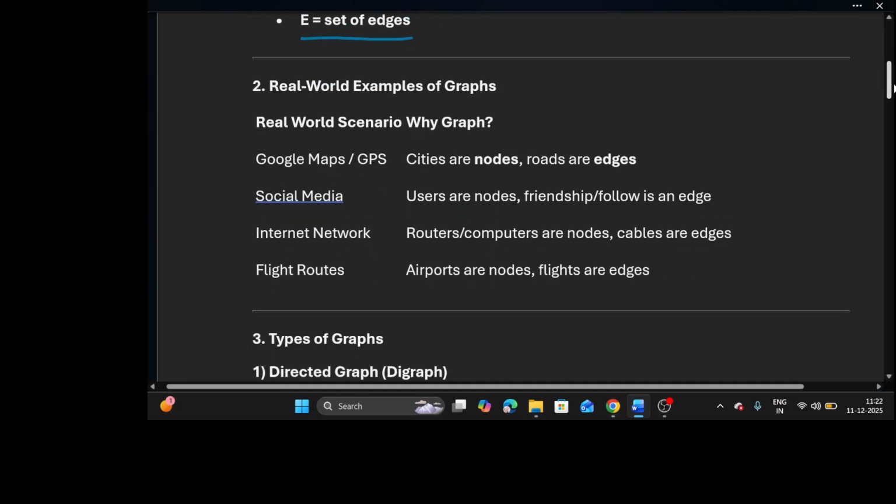a real-world example of a graph. First, Google Maps and GPS. Cities are nodes, roads are edges.